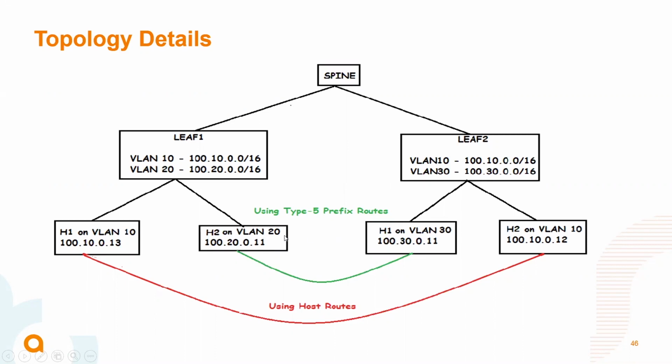To communicate between these two, I would use only Type 5 prefix routes because they are on disjoint subnets. And for the ones on the same network, I could use host routes, the /32 routes, for the ping to go through. So this is the network that I have: 110.0.0.16 with VLAN 10, 120 on VLAN 20, and this is for VLAN 30. So this is the overall topology.